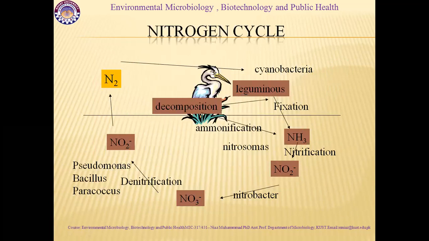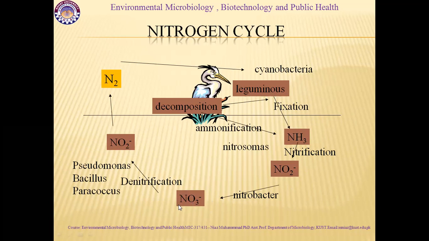Similarly, the nitrogen cycle we have also talked about in detail. Nitrogen is present in the environment. It is fixed into leguminous plants, and leguminous plants produce NH3, NO2, and through Nitrobacter the nitrification process takes place.